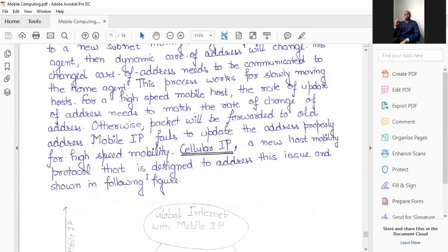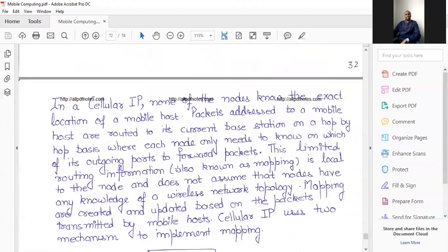You well know that an address has to be consistent with the network the mobile phone is in. So if the mobile phone keeps changing at very fast speeds, then mobile IP may not keep up or support data roaming in that case. So cellular IP is the approach designed to address this issue of addressing.